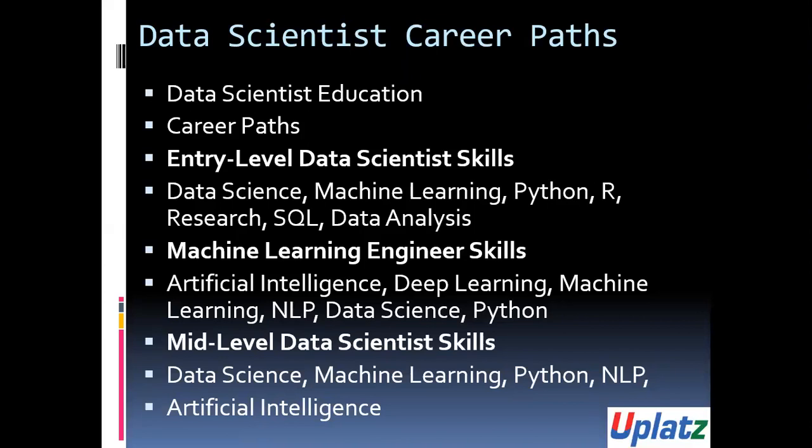While universities offer plenty of opportunities to learn the fundamentals of data science, not everyone has a chance to spend 3 or 4 years in class. With that in mind, there are also data science boot camps such as NYC Data Science Academy and Data Science Dojo that offer accelerated courses, and Uplatz.